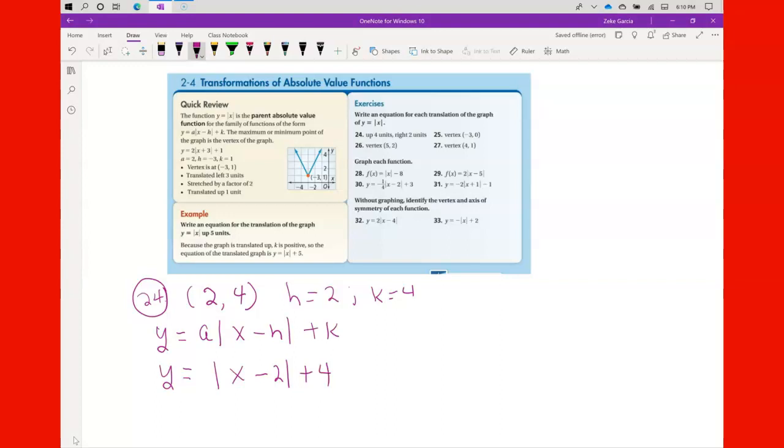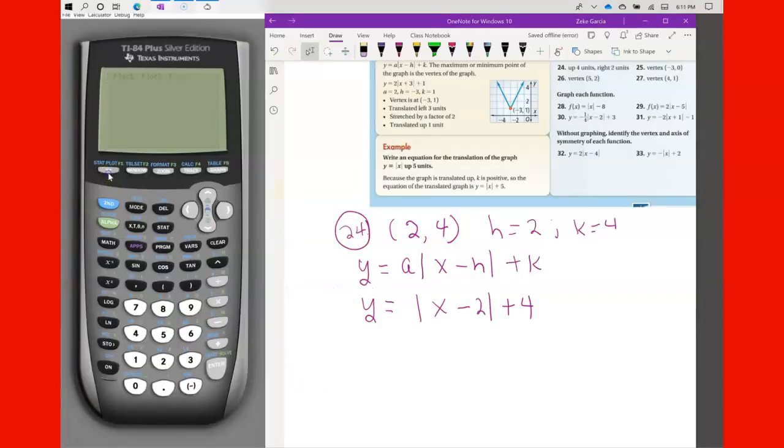So what we're going to do is check our work on Desmos. I'm going to go ahead and pause it. So we have y equals, and I'm going to clear this, math, number, absolute value, and then we have x minus 2 plus 4.